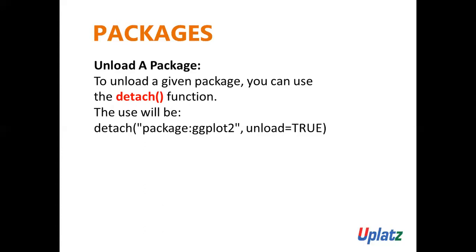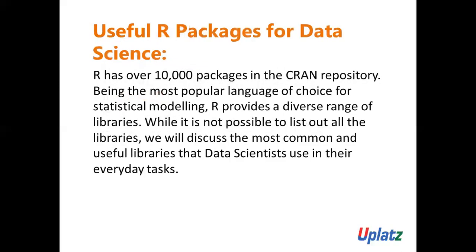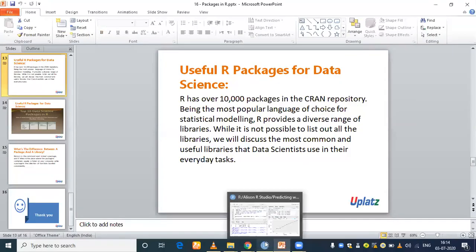You can use the detach function. For example, the usage will be detach, package colon ggplot2, unload is equal to TRUE, like that. We need to use it like this. Got it?